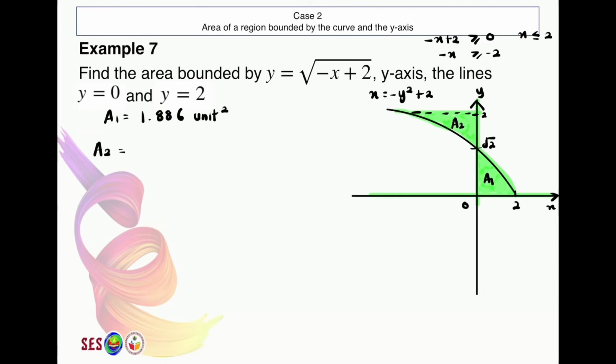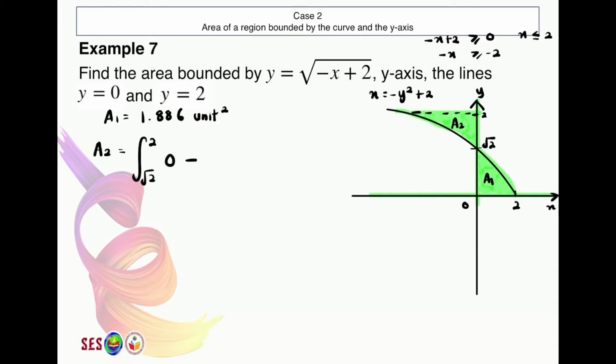So for A2, we are going to integrate from root 2 up till 2. So our integral will be from root 2 up till 2. And so our right function will be x equals 0, so this will be 0 minus our left function. This is our right function, and this is our left function.